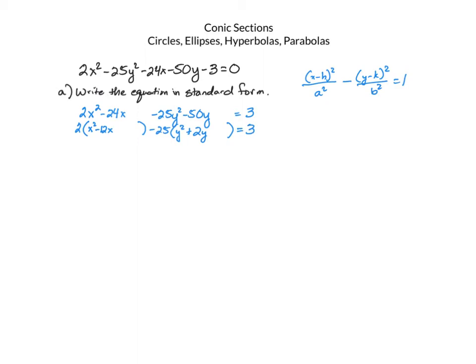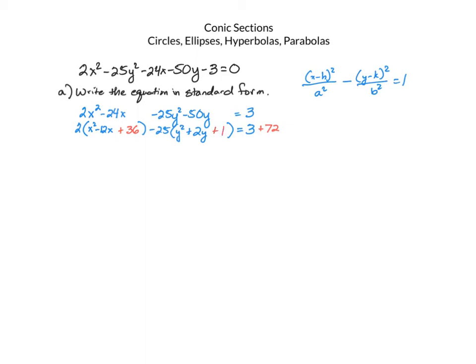So now I'm completing the square. I take half of negative 12, that's negative 6. Negative 6 squared is 36, so I need to add 36. But notice that's not a real 36, that's a 36 times 2. I've really just added 72 to the left-hand side, so I need to add 72 to the right-hand side. Right here, I need to add a number. I'm going to take half of 2, that's 1. 1 squared is 1, so I need a 1 right here.